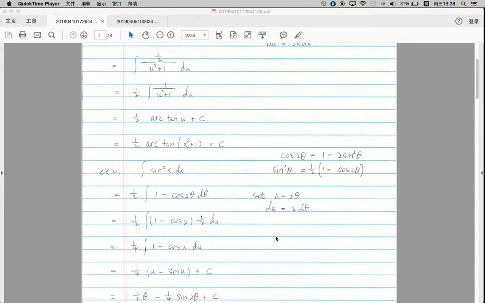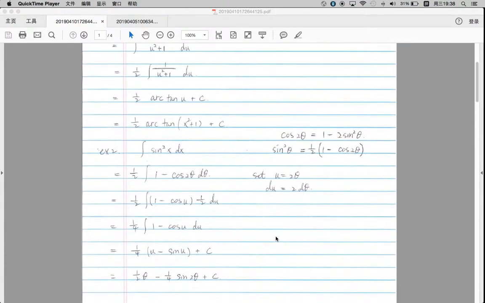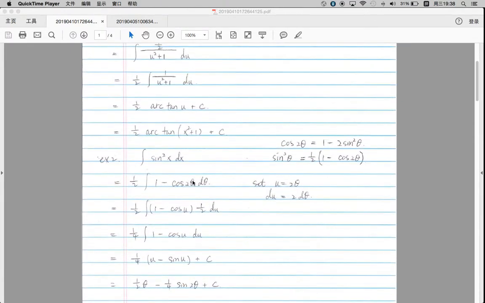These are two examples of using substitution to solve integrals. When you see a complex integral, look into the formulas, or look into your function and see if there's anything you can substitute to make it simpler.